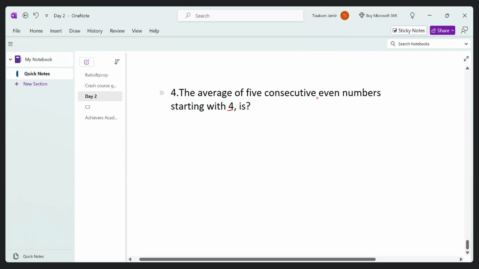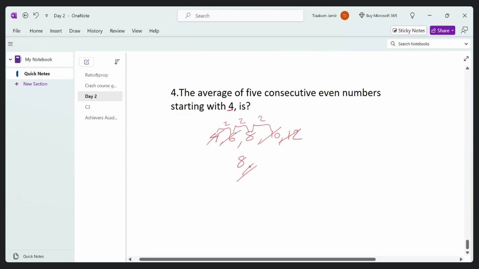Consecutive even numbers starting with 4: 4. Next even number is 6. Next even number is 8. Next is 10. Next is 12. 1, 2, 3, 4, 5. Their difference is 2 each. That means omit the ends, and 8 will be the answer or no?